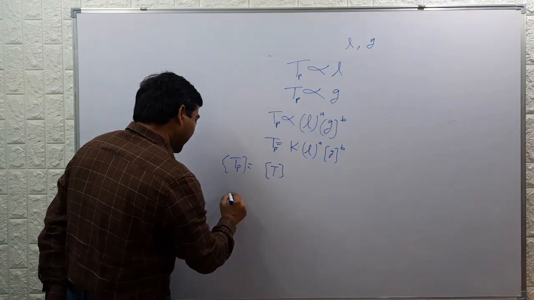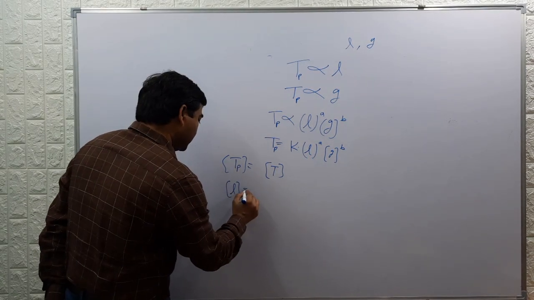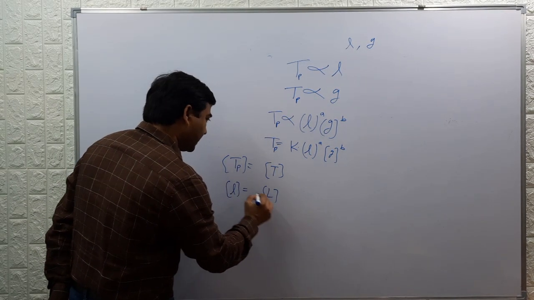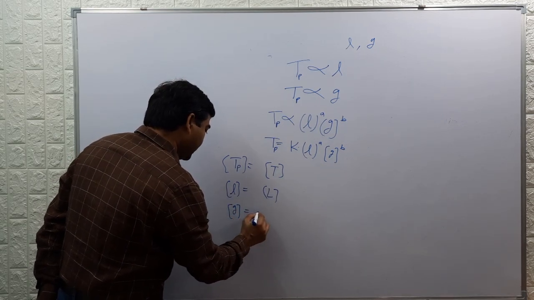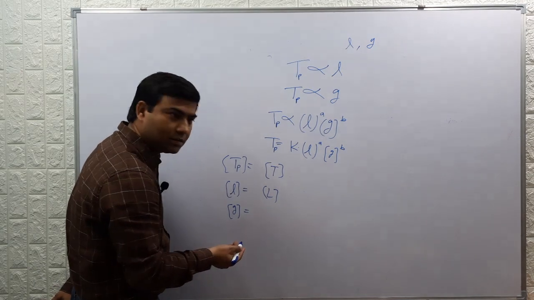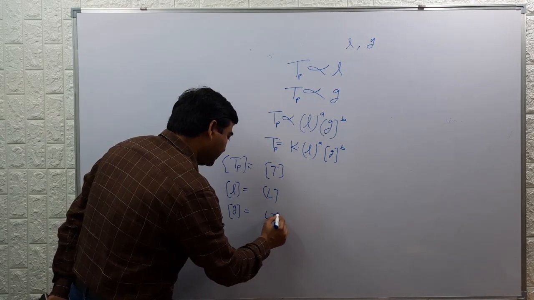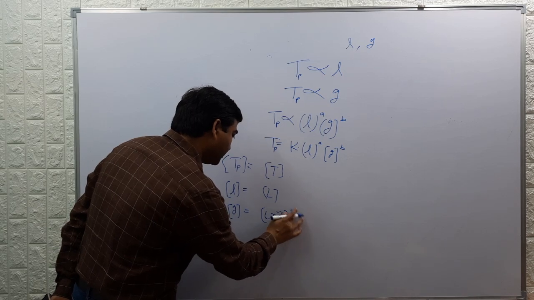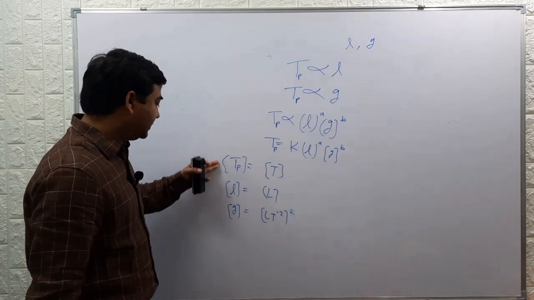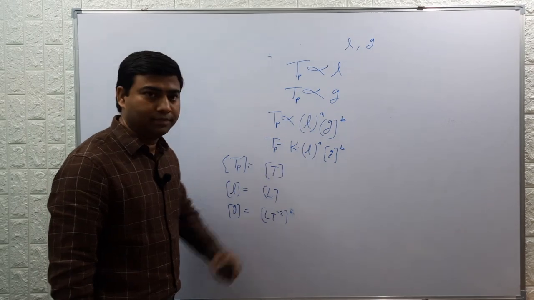Similarly, dimension of length, we know it is L. Dimension of g, it is meter per second square, that is L T minus 2. These are the dimensions of each term.